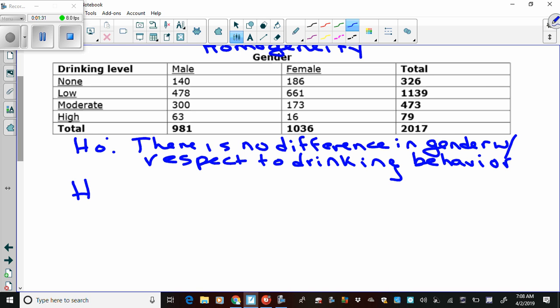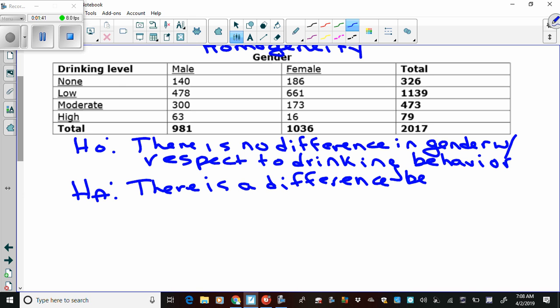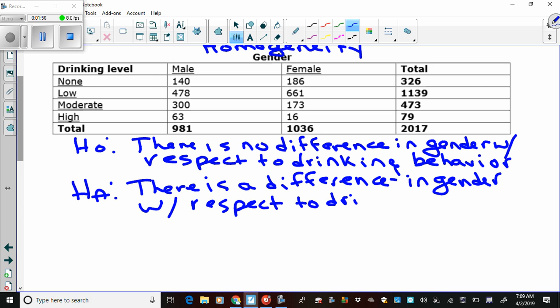And my alternative is that there is a difference in gender with respect to drinking behavior.